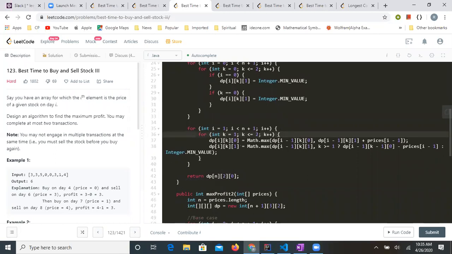Just k's value will change here with the same definition. So that will work. Does anybody have any question on this? Hopefully not, because we kind of covered the same thing.